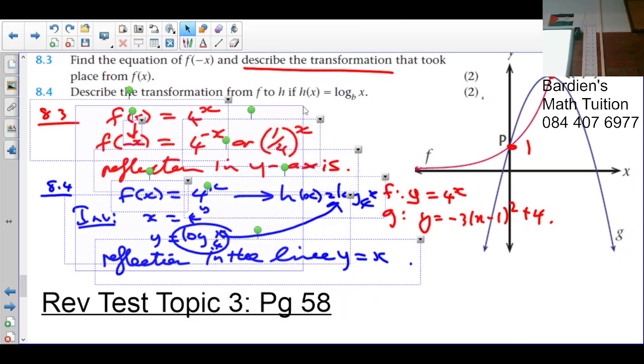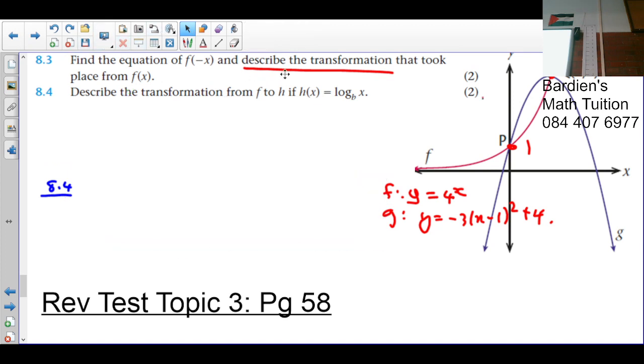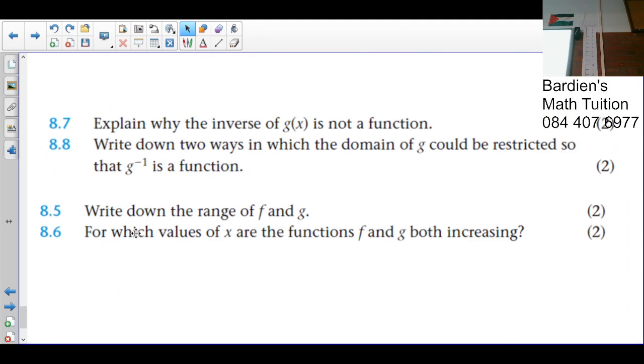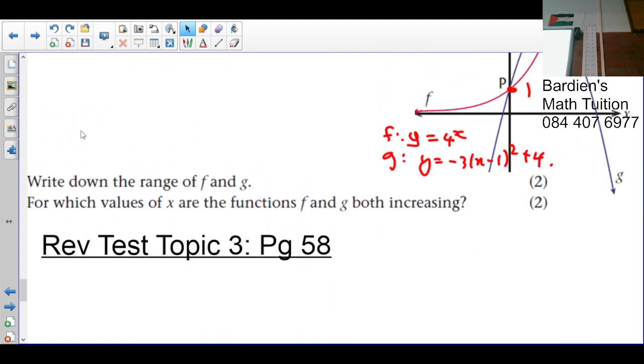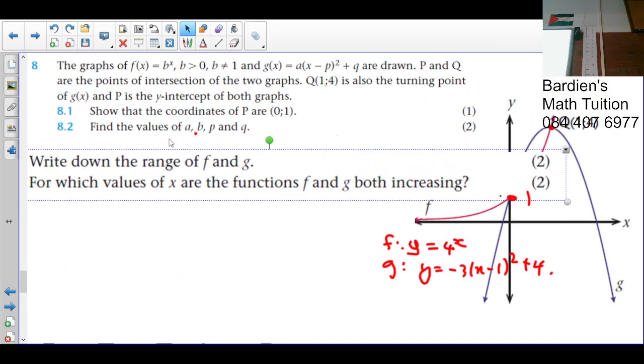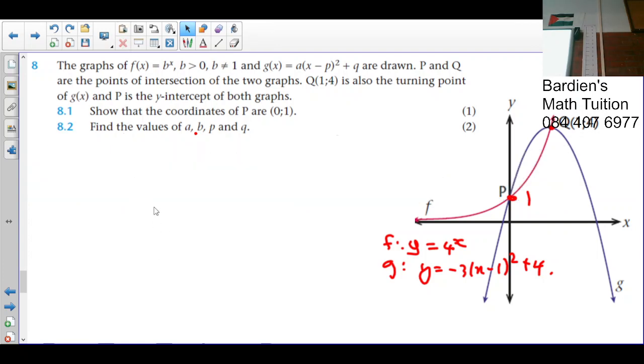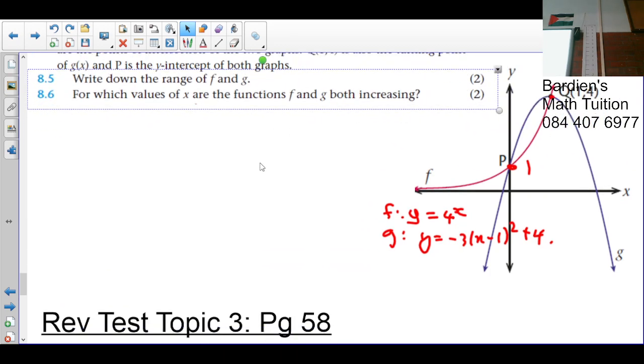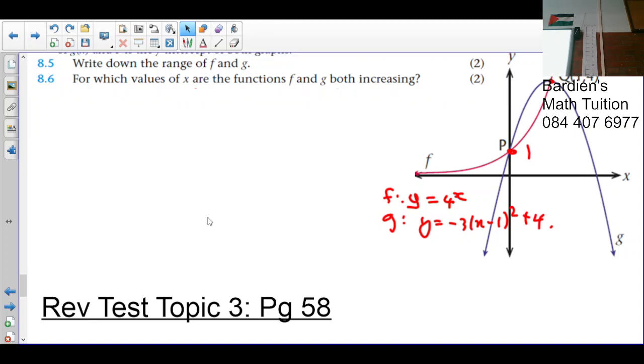Alright, let's just take this off. In 8.5, we are told, write down the range of f and g. So what is range, people?